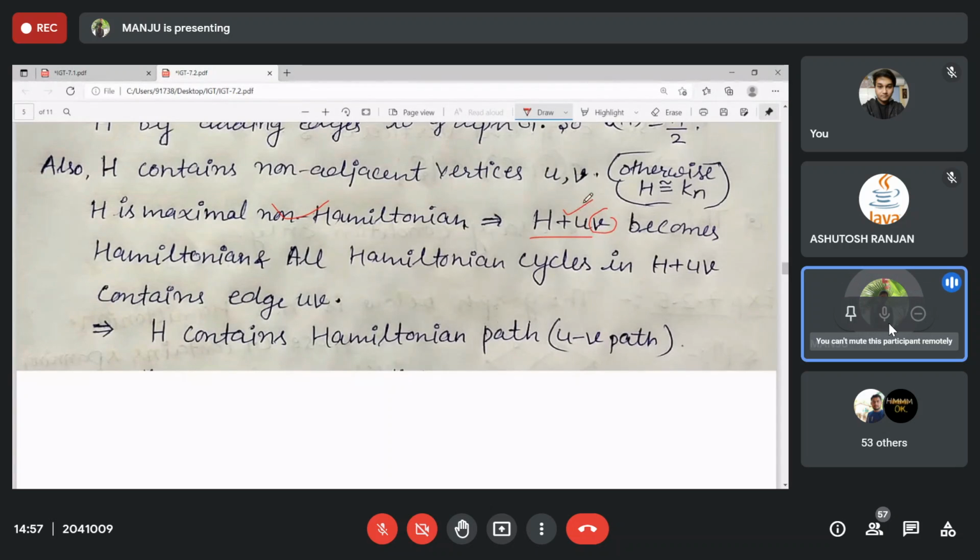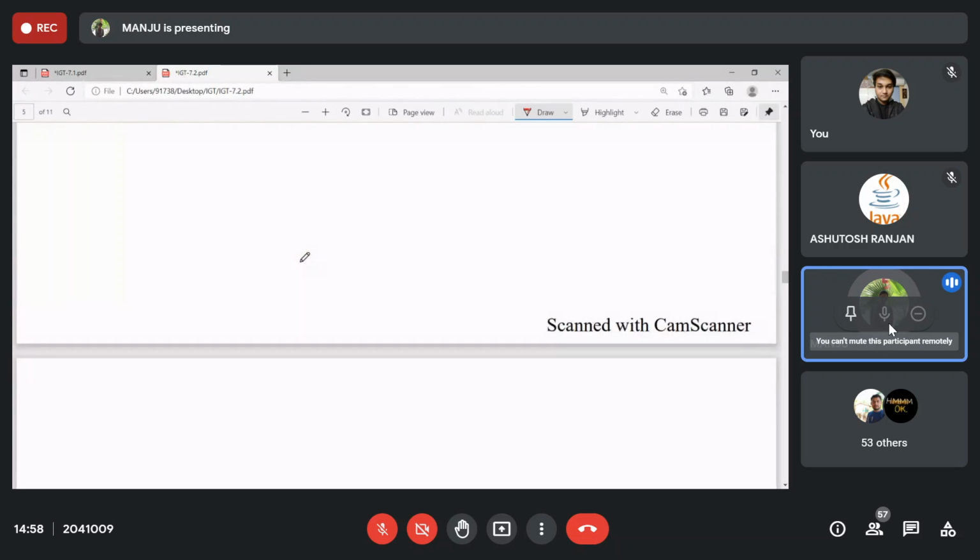So if we take that Hamiltonian cycle and remove this edge UV, it becomes a Hamiltonian path, which is also present in H, this maximal non-Hamiltonian graph.